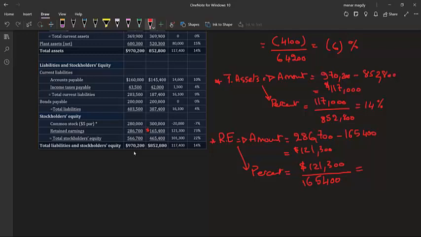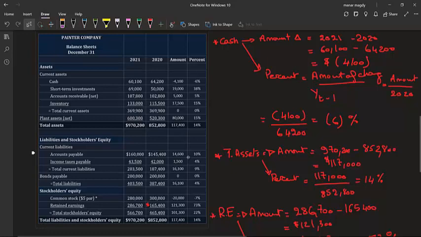So it increased in total by 73%, which is a big amount, which means that the company has retained this big amount in order to finance its total assets, the 14%. So it majorly financed it from the retained earnings. Let's continue.